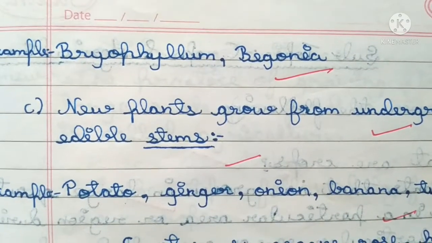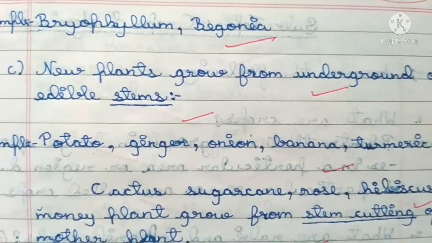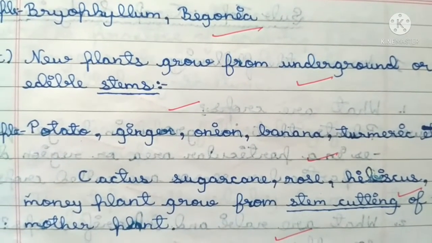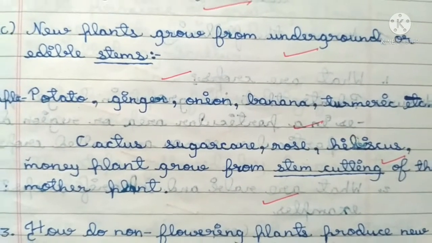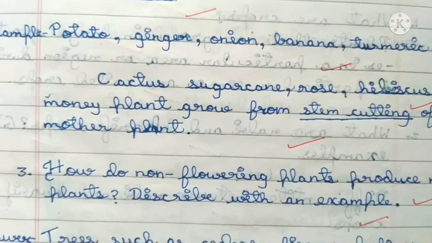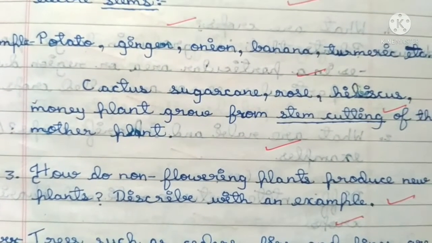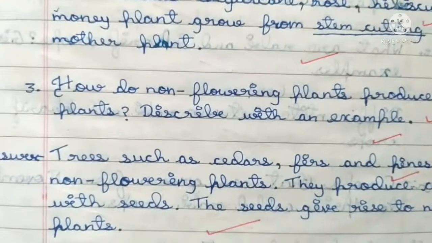Examples: Bryophyllum, begonia. New plants grow from underground or edible stems. Examples: potato, ginger, onion, banana, turmeric, etc. Cactus, sugarcane, rose, hibiscus and money plant grow from stem cuttings of the mother plant.